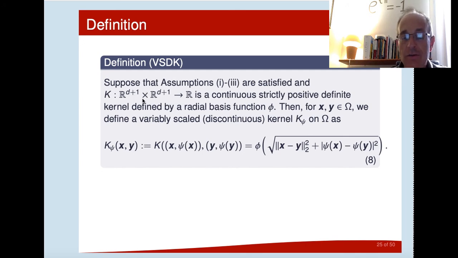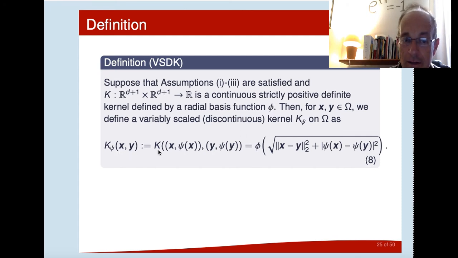So the construction now is using a kernel k in R^(d+1) times R^(d+1) that we assume strictly positive definite, radial. And then we consider a kernel defined by a radial function phi.